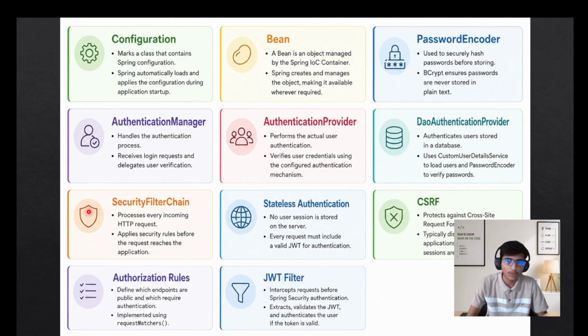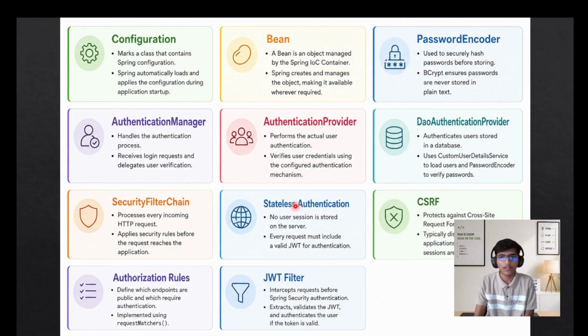This is one of the most important concepts in Spring Security: every incoming request first enters this filter chain. Here Spring decides whether the request is allowed, blocked, or requires any authentication before it reaches our business logic. Then stateless authentication. Unlike traditional session-based authentication, JWT authentication is stateless.